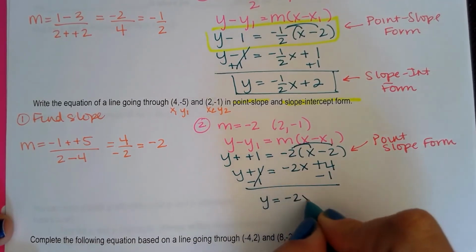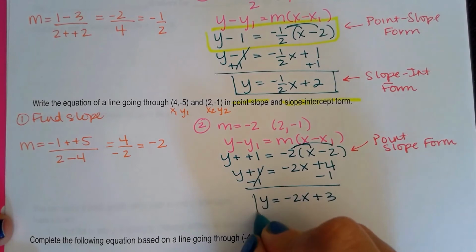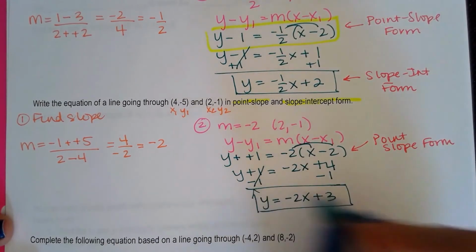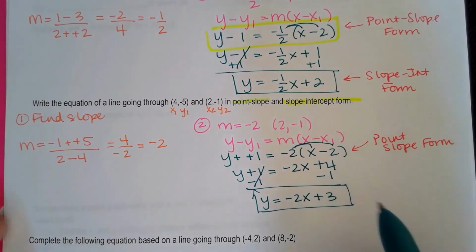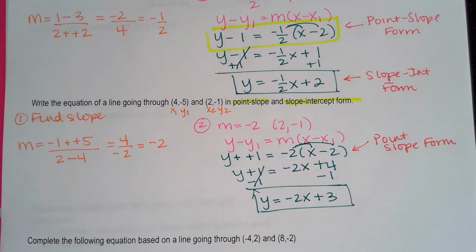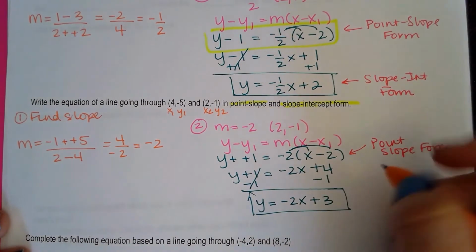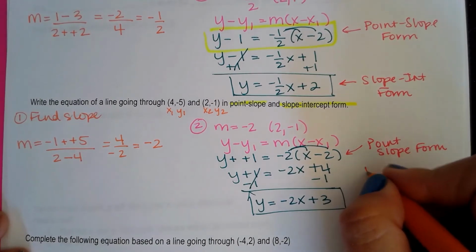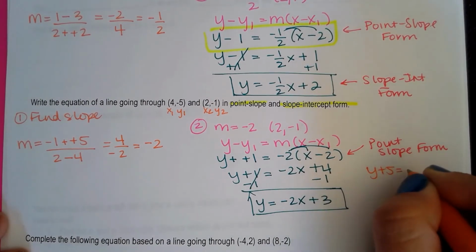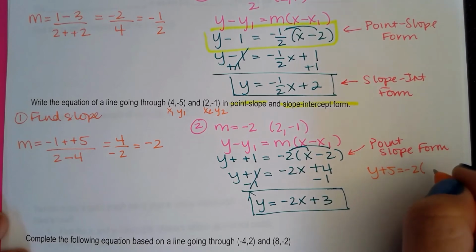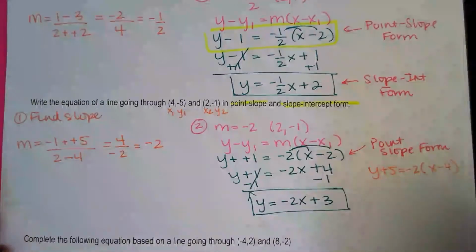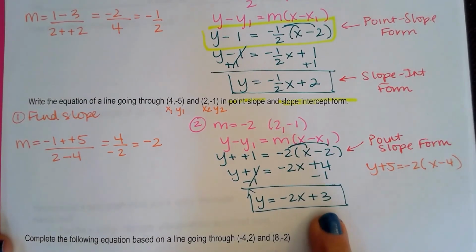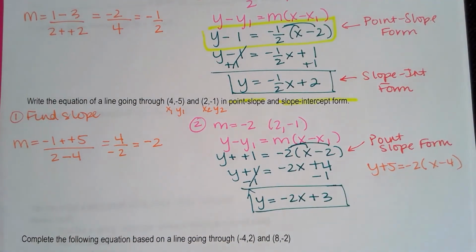And I get y equals -2x plus 3. And you'll notice that in your point slope form, the other one that you could have gotten would have been y plus 5 equals -2 times x minus 4. You would have gotten this same exact equation. Okay.